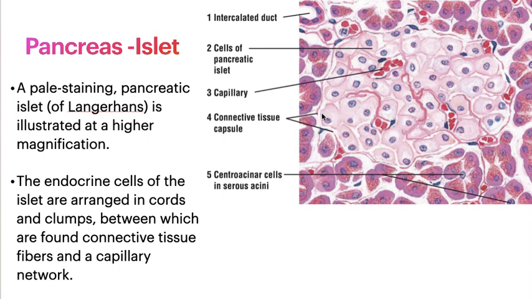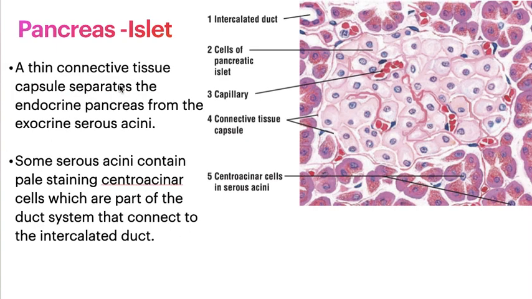You can see the capillary network. These are the connective tissue capsule formed by reticular cells. This is the intercalated duct cells of the pancreatic islet. These are the capillaries. This is the connective tissue capsule, and these are the centroacinar cells in the serous acini.